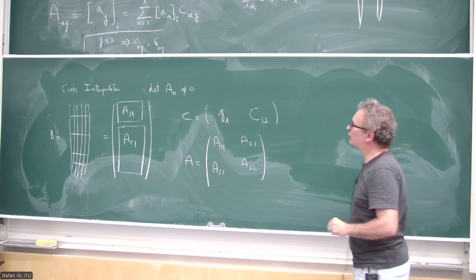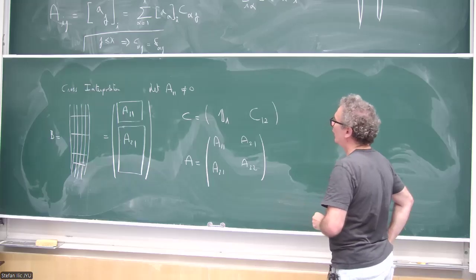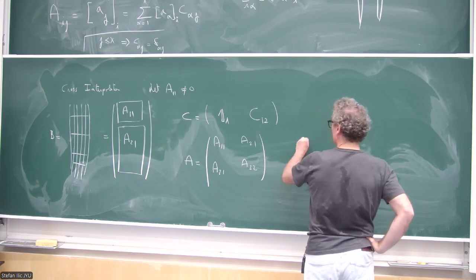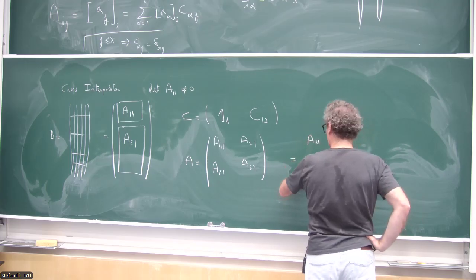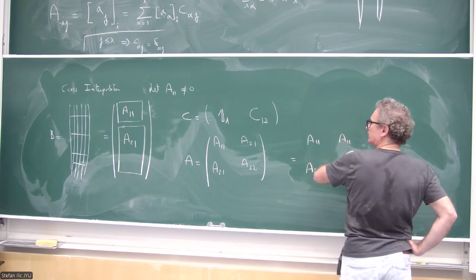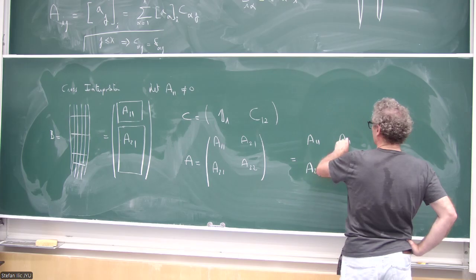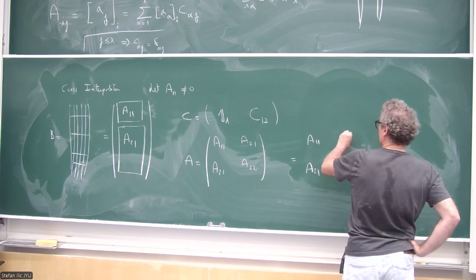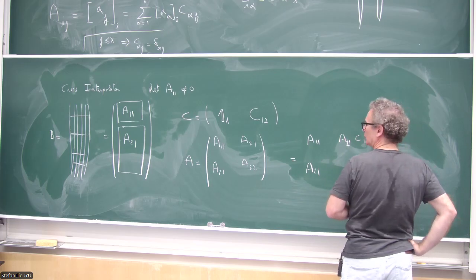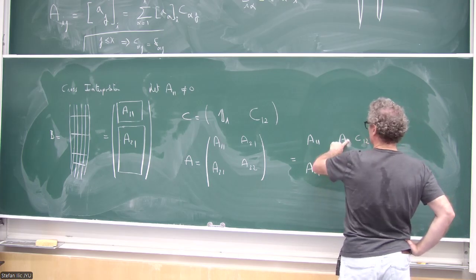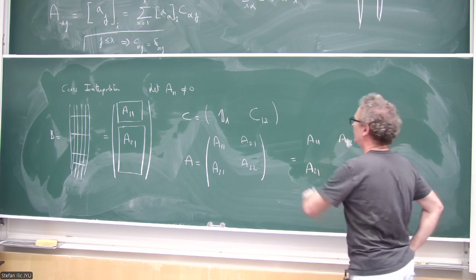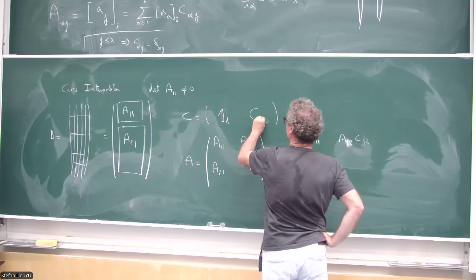Now, if I rewrite the equation A equals B times C, then B times C is equal to A11, A21 times the identity and C12. Sorry, this is bad notation, it will be C21.